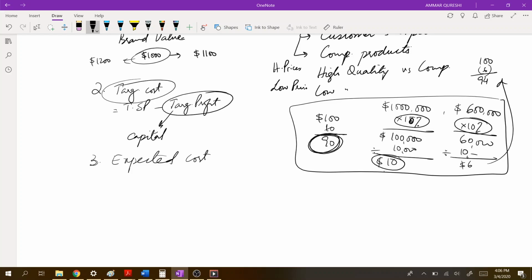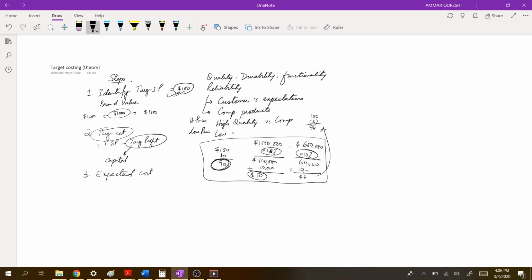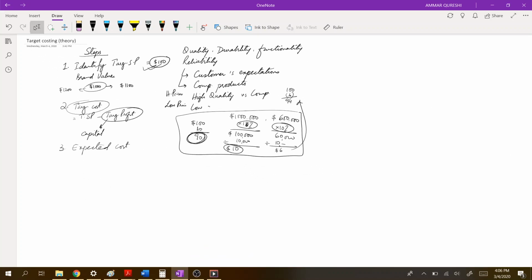Expected cost in the sense that we have to contact the research and development department, and we have to provide them with these specifications: quality, durability, functionality, reliability, and this is the product which we want, this is the kind of mobile which we want you to produce. We ask our R&D department or product development department that, look, you have to develop this kind of product which should have these features in it.